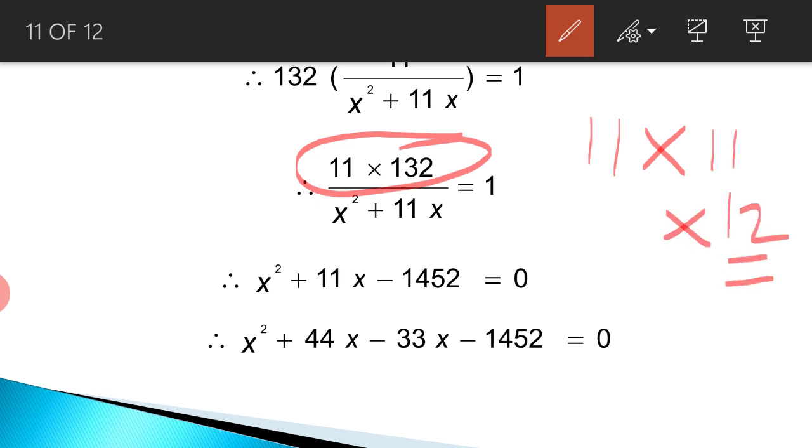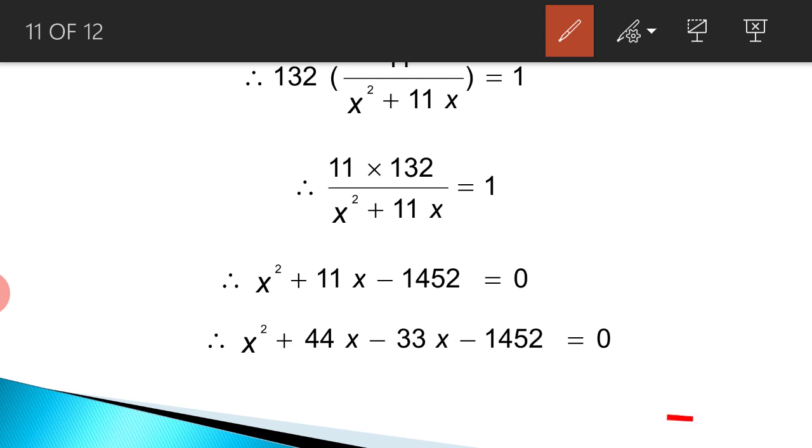Then split 12 as 3 into 4: 11 threes are 33, 11 fours are 44. So 33 into 44 gives 1452, and their difference is 11. So it's your choice to go either by the quadratic formula or the splitting middle term method.